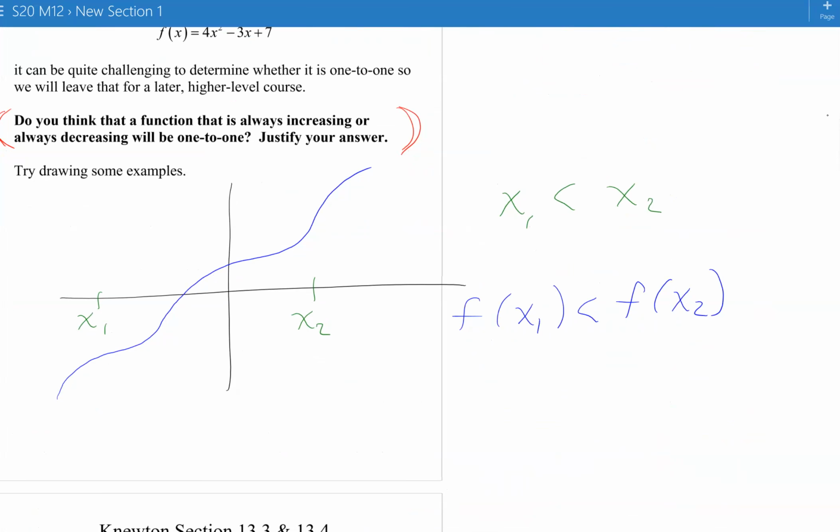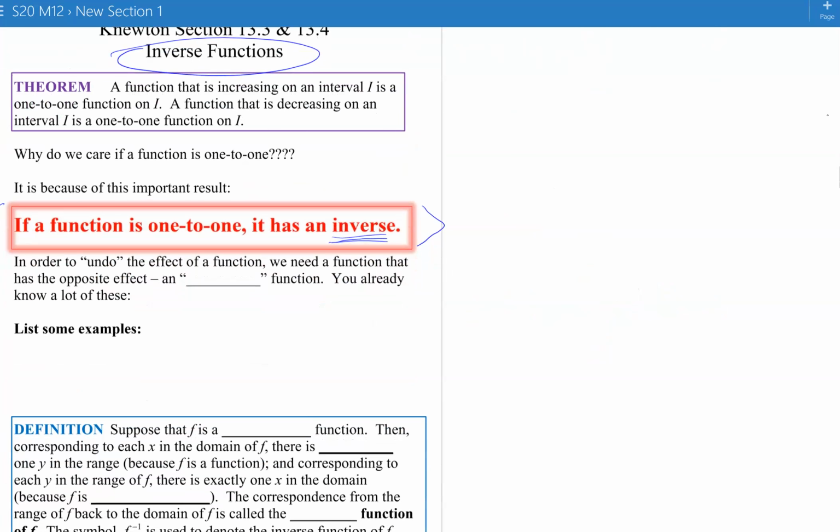So this is an informal proof, but think about why it's true, and we'll be using it again later. So it's actually a theorem that if a function is strictly increasing, it's one-to-one. Or if it's always decreasing, that's one-to-one. And this idea will become very useful when we talk about exponential and logarithmic functions.